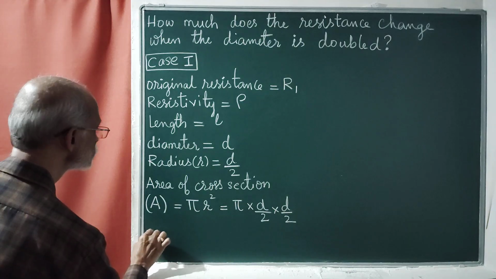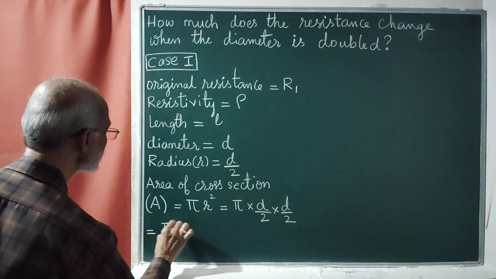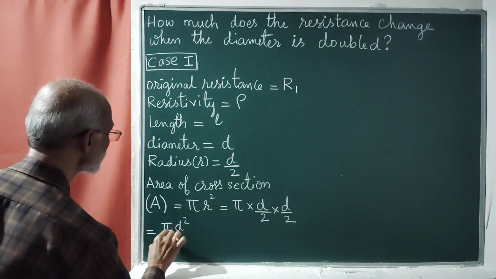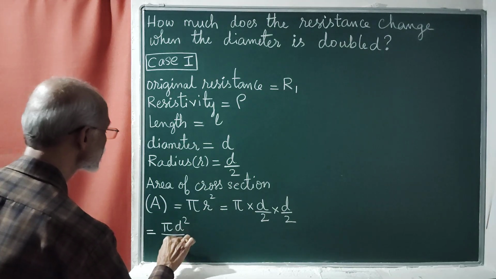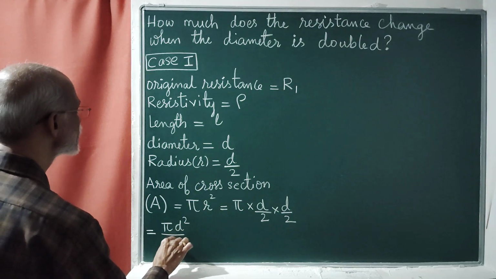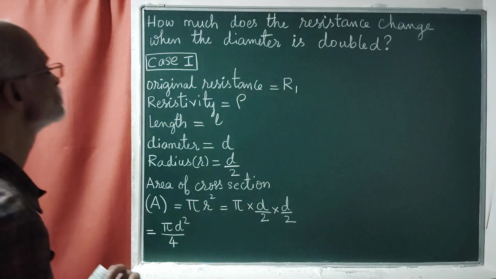That will be equal to pi D square by 4. This is the area of cross section.